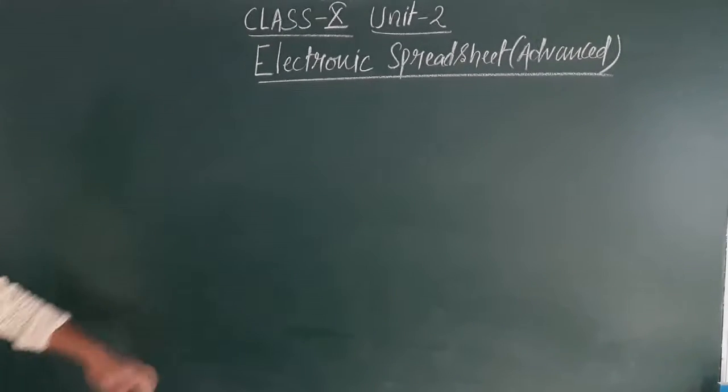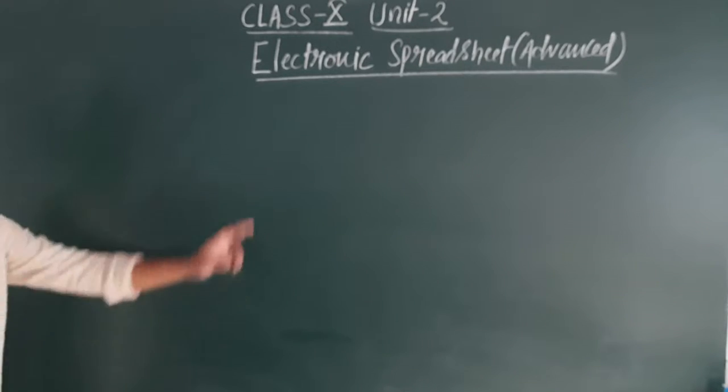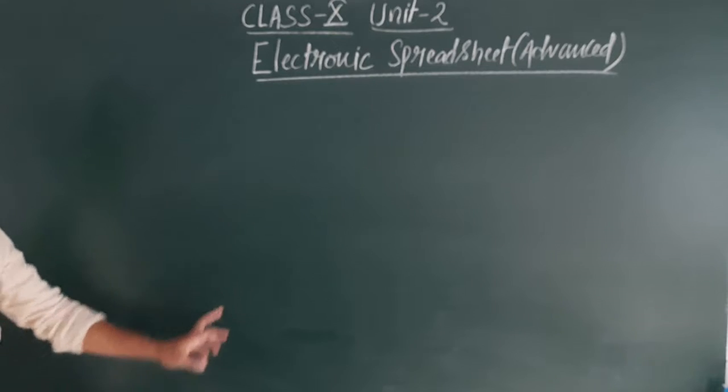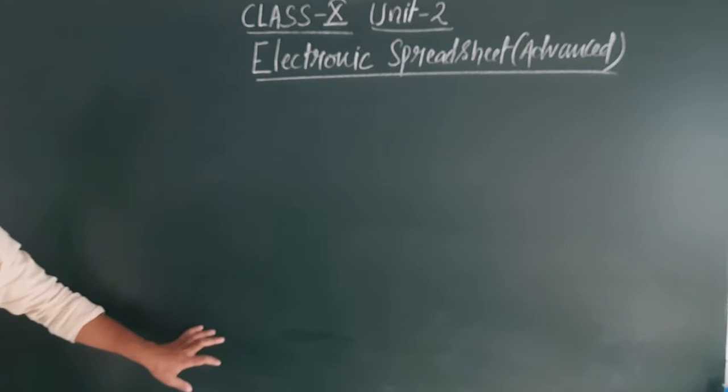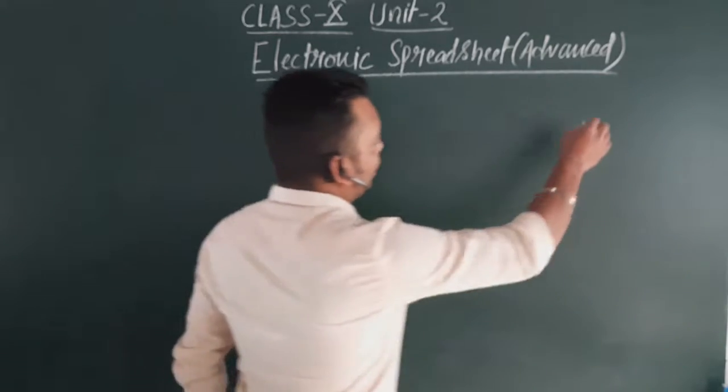Class 10 Information Technology, Unit 2, that is Electronic Spreadsheet Advanced. In our previous discussion, yesterday, I haven't specified what is the actual mark that this unit covers. So let me go through it first. This unit carries a total of 10 marks.